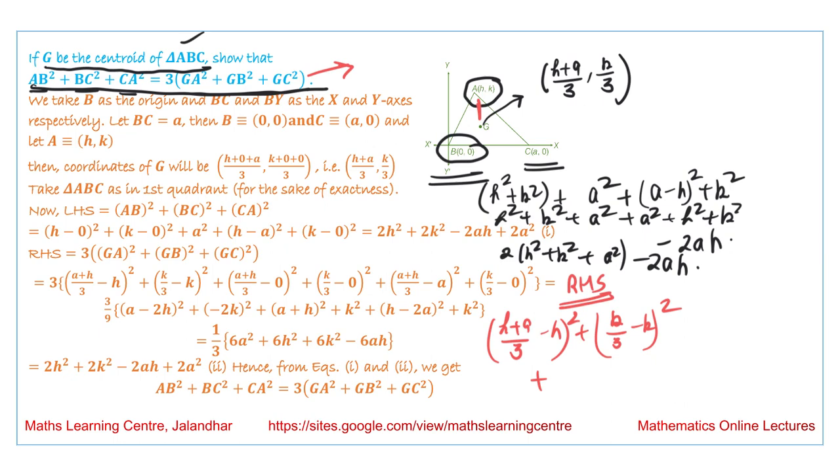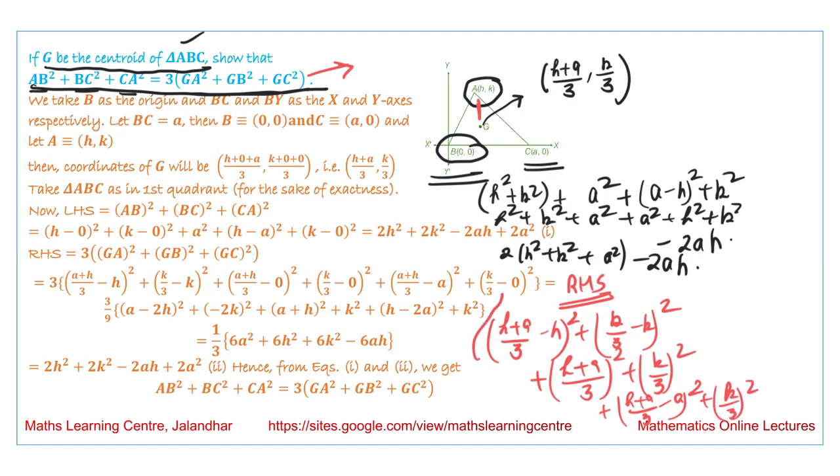Next will be (h plus a by 3) square plus (k by 3) square, and the third value we will have is plus (h plus a by 3 minus a) square plus (k by 3) square.